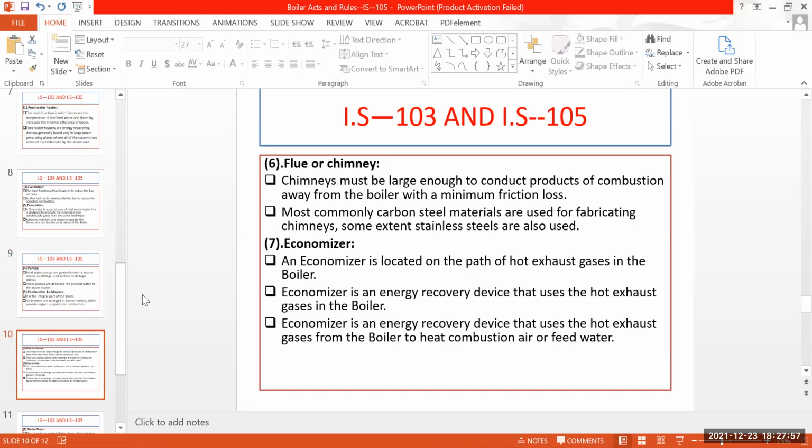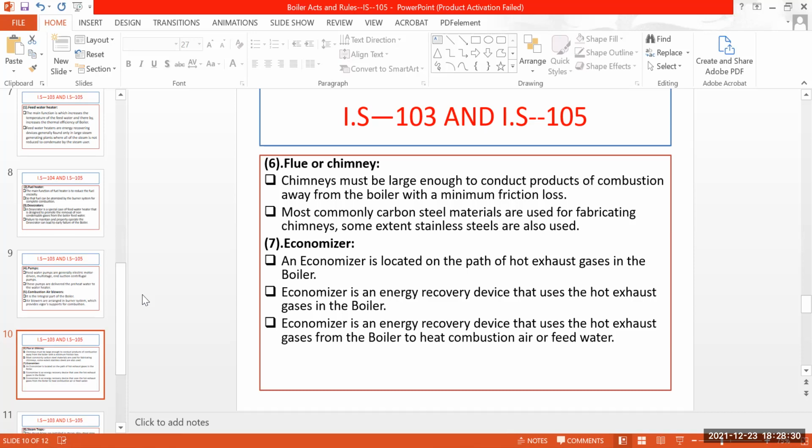And flue or chimney, you might be knowing what the chimney is, and you might have a little bit of confusion with the flue, but most probably everyone knows what the chimneys are. These must be large enough, okay. They will have different sizes and different heights, depending upon the industry and everything, okay.